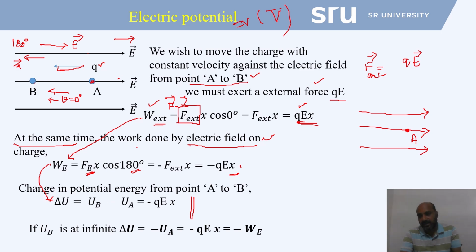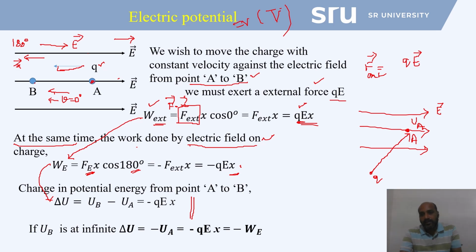So let's consider all that region which is the electric field region, and somewhere here I'll choose, initially the charge q is here. Now you are bringing this charge from outside the electric field to point A. So definitely we need to do some work against the electric field. So that is UA, the potential at this point. I mean, we need to overcome some electric field energy.